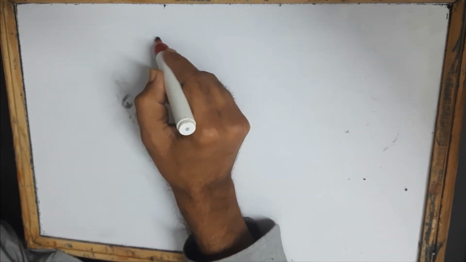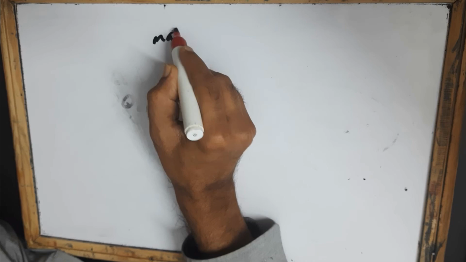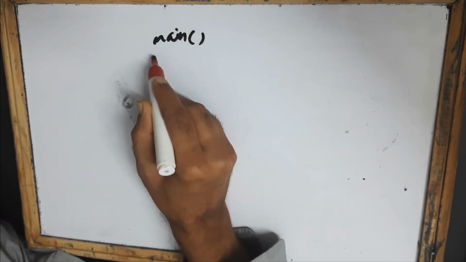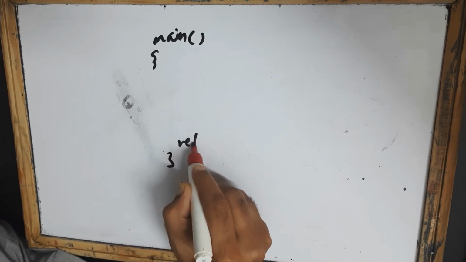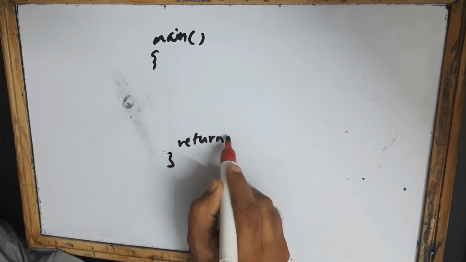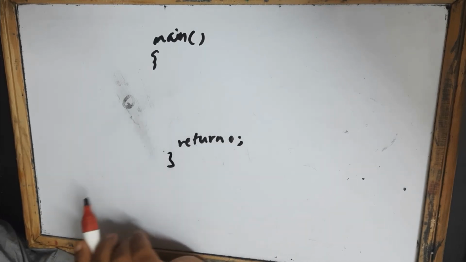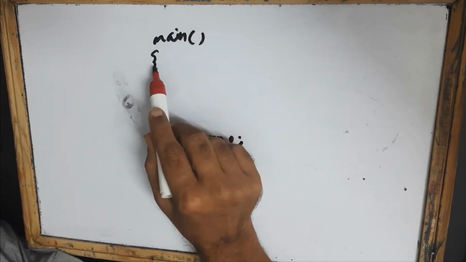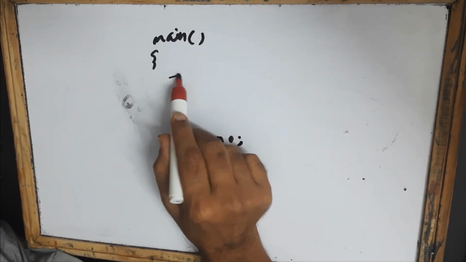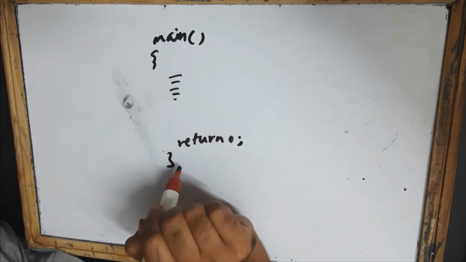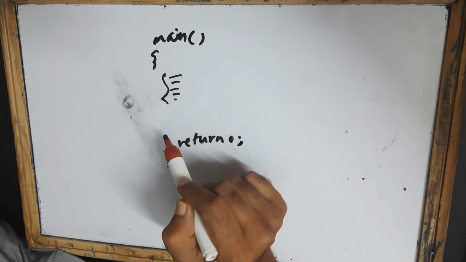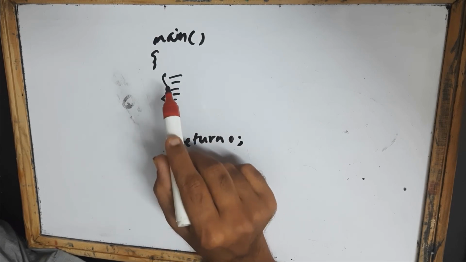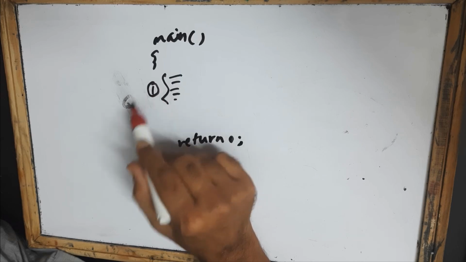Say for example, we have a main function return. Now you write a code here and you want to execute this code many times, multiple times in this segment. Say this is block one.